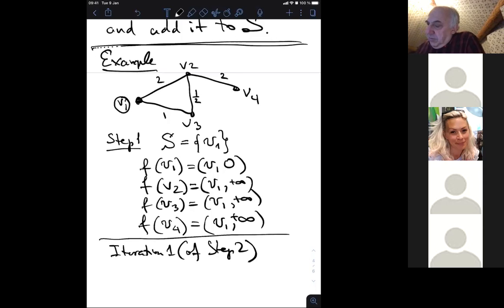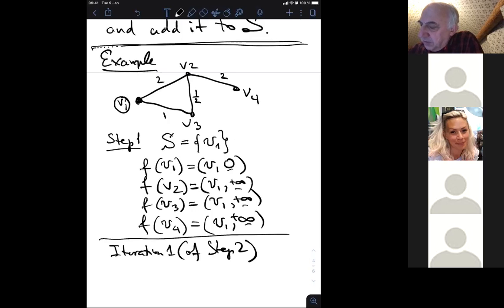My current weights are plus infinity here, so they're extremely big. So if there is an edge connecting the vertex I consider, say V2, to V1, and the weight of V1 itself is 0, and the sum of 0 plus this edge is smaller than infinity in this case, then I'm happy.